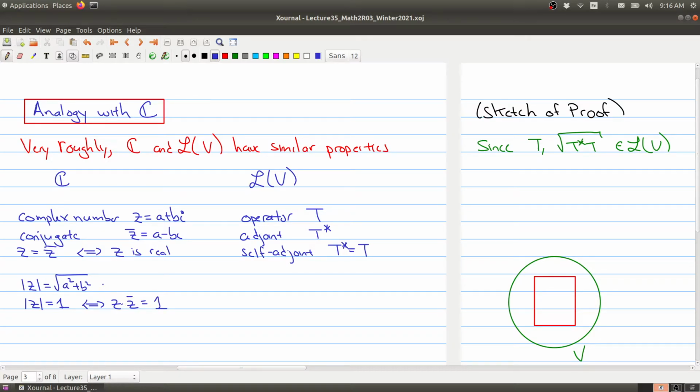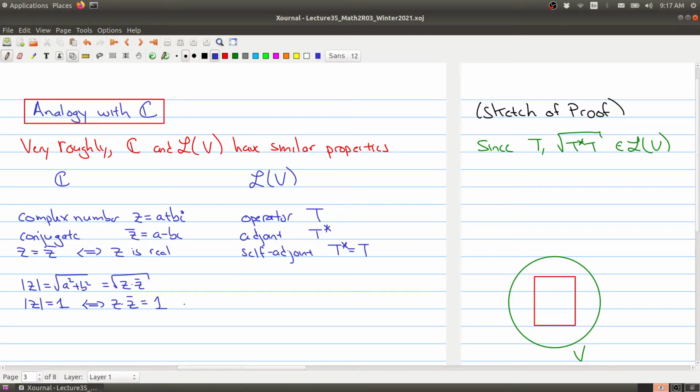So this is the same thing as z times its conjugate squared. If the length of your complex number, or the absolute value of your complex number, is 1, it's the same thing as saying that z composed with its conjugate is 1.